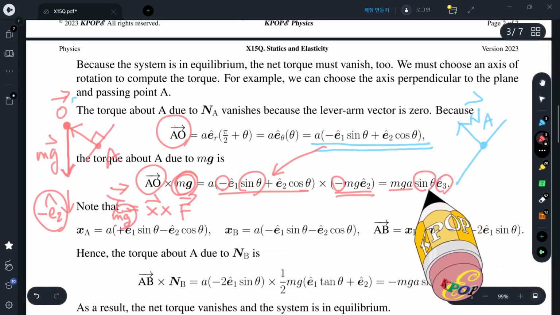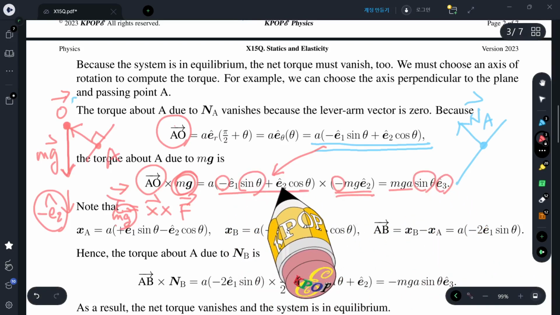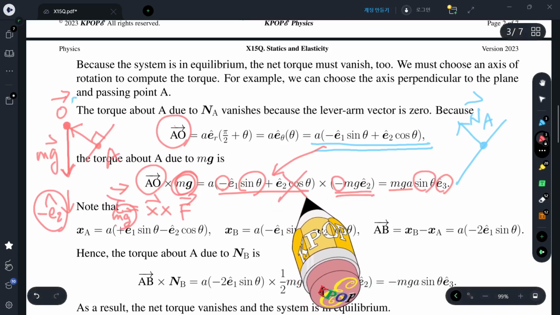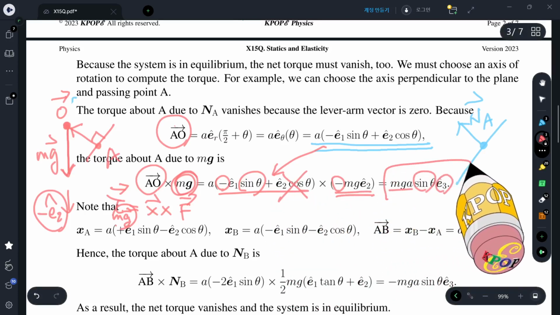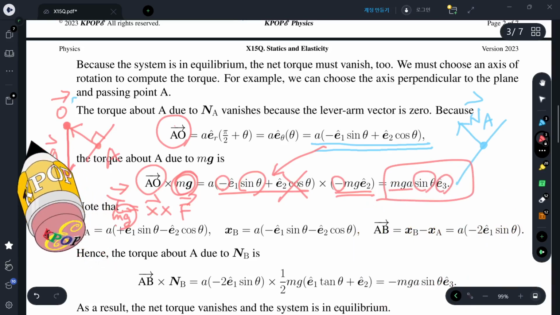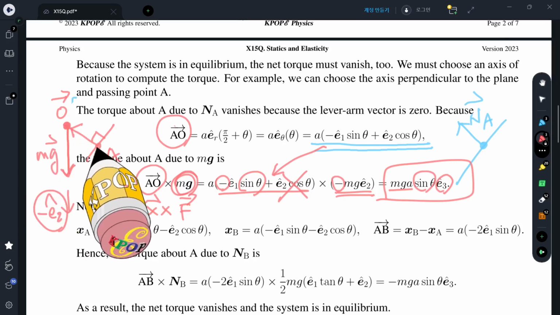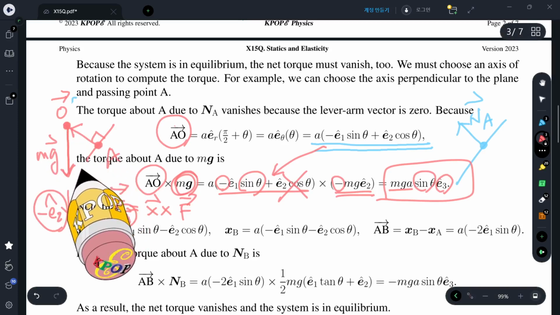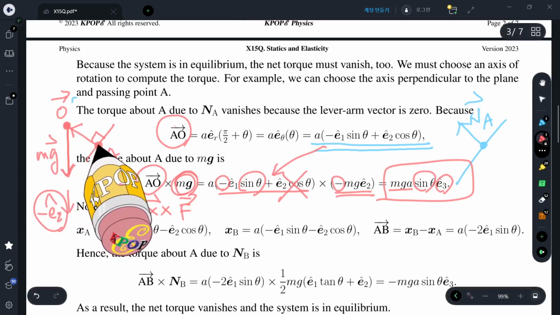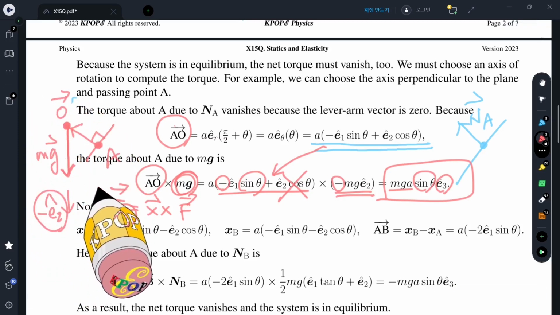We keep the sign. However, e2 cross e2 vanishes. It doesn't contribute at all. So this is the torque due to the gravitational force applied to the center of mass relative to the axis of rotation passing through A, perpendicular to this plane.